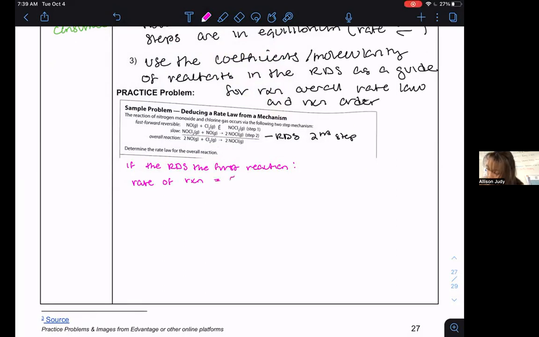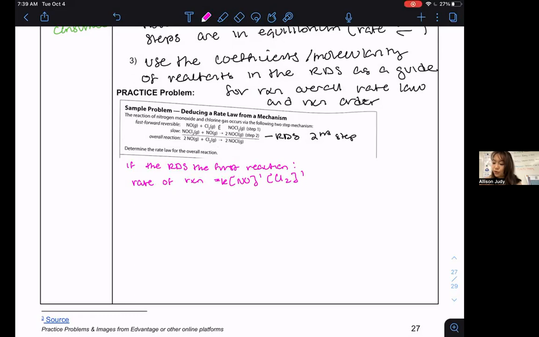And that would be the concentration of NO to the power of 1 times the concentration of Cl2 to the power of 1, times K rate law, okay, and that would be it. That would be all that we needed.